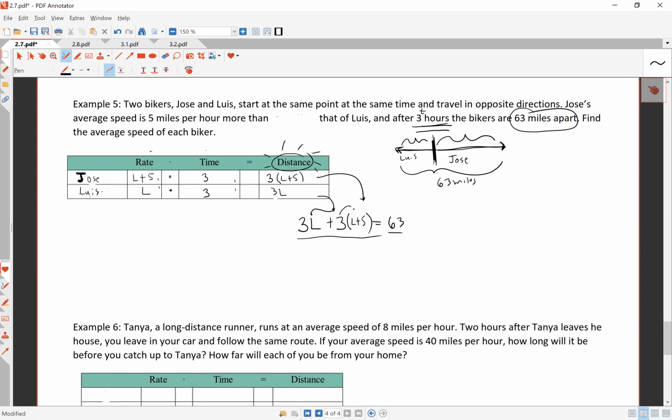So then we just start solving this. 3L plus 3L plus 15 equals 63. The left side gives us 6L.